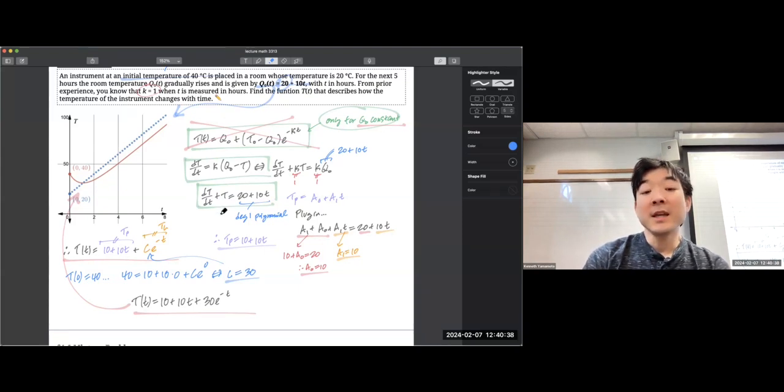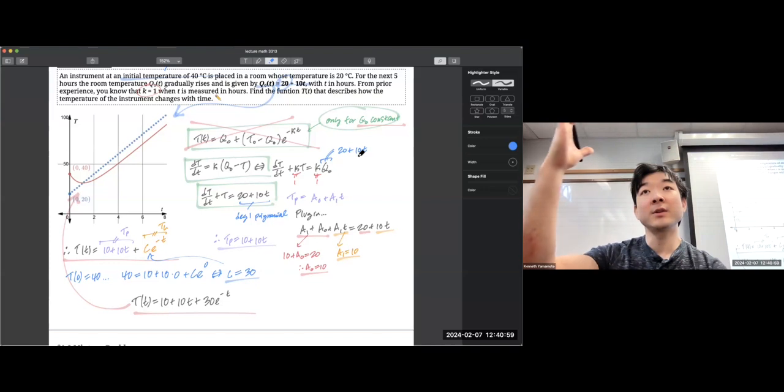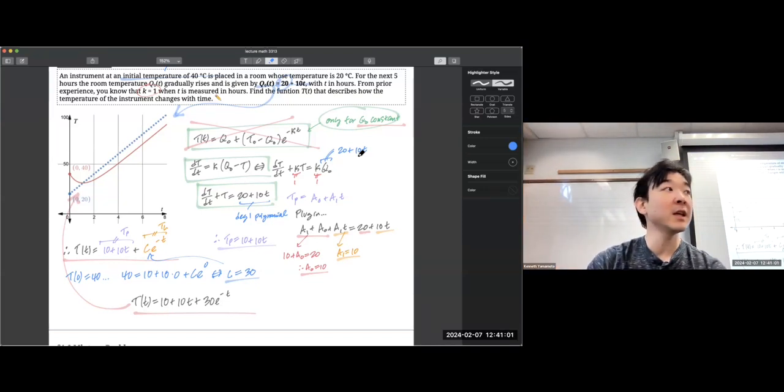So the key point is you can't use this formula here. You have to go back to the original differential equation, and your Q naught is, in this case, a polynomial. You may have a Q naught that's not a polynomial. It could be a sinusoidal, which is common if you're trying to model the temperature of the air outside, because it gets hotter during the afternoon, gets cooler in the evening, and then coolest around midnight in the really late night, and then gets back up.